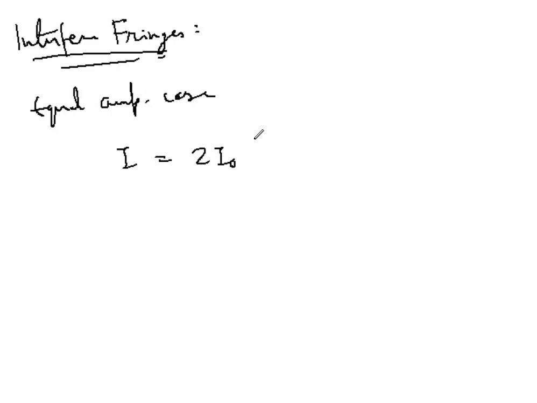And there we found this expression for intensity: I is equal to twice I0 times 1 plus cos delta. Right. And this is equal to 4 I0 cos square delta by 2. Fine.